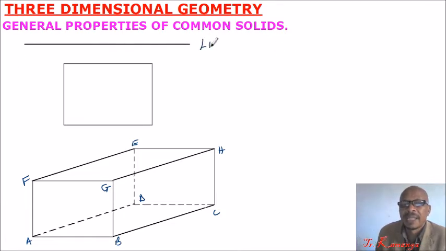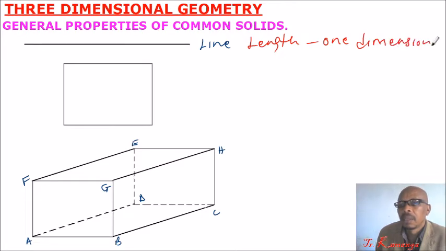This is a line. For a line, you can only find the length, so we call it one dimension. So a line is of one dimension. Here we have a rectangle.